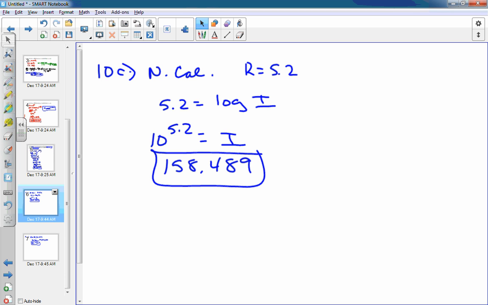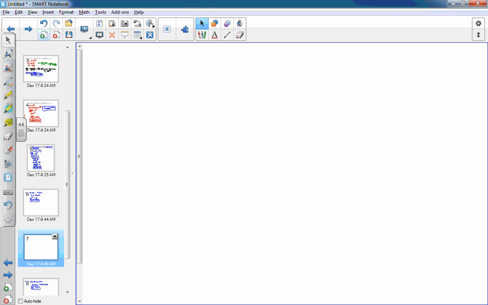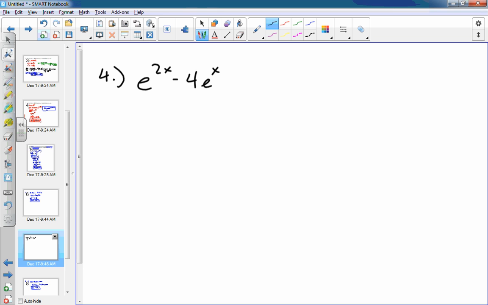Things that I would make sure that you know how to do on section 3.4 are the factoring problems. Make sure you don't forget how to factor on problems like number 4: e to the 2x minus 4 e to the x minus 5 is equal to 0. So how do I do something like that? Put it into two binomials. So you're going to have (e to the x minus 5)(e to the x plus 1) is equal to 0.